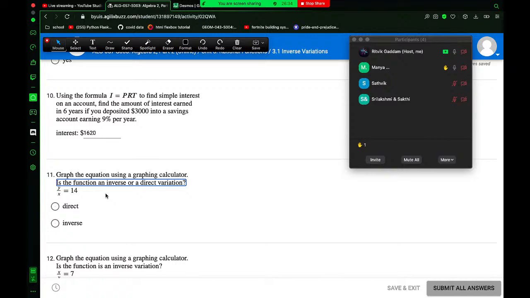So I think it's a direct variation. Okay, so why do you think so? K is supposed to be at the top, but it equals K, and it just doesn't look right. Okay. Good reason, but that's half correct.